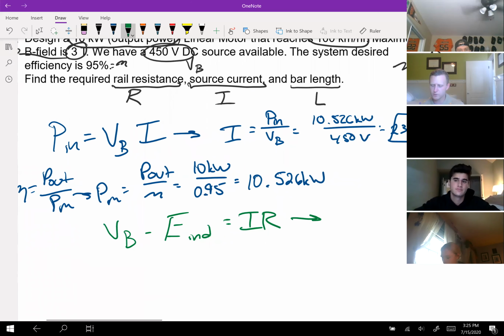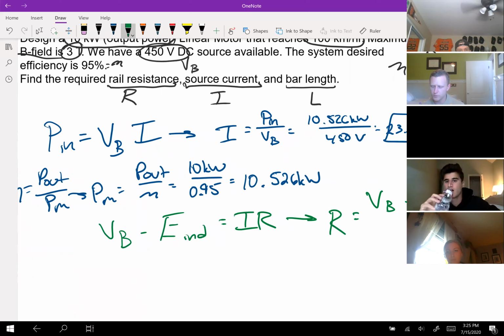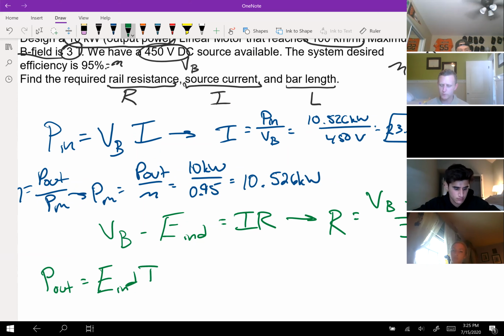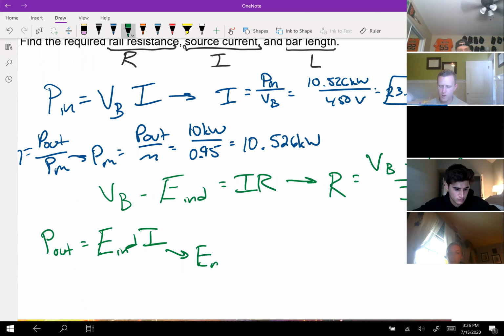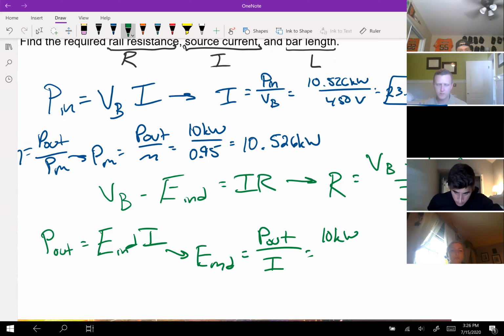We'll rearrange that to solve for R equals VB minus E induced over I. E induced, we said the power out was equal to E induced I. And so E induced equals P out divided by I, P out 10 kilowatts divided by 23.39, and I get 427.5 volts. That also makes sense.